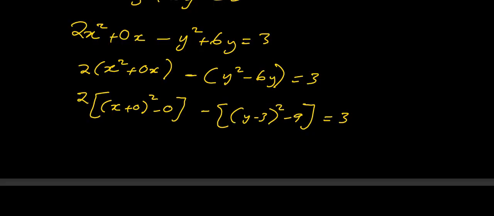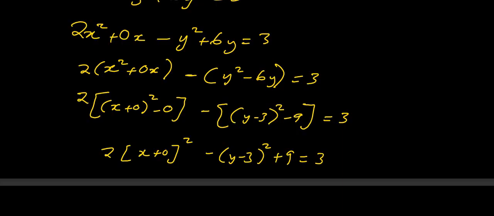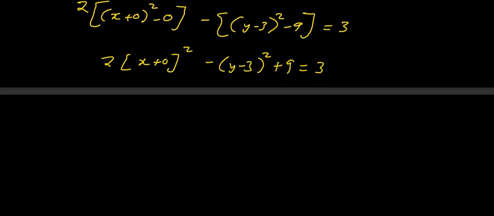You remember completing the square, right? Yes. Yeah, so this is just going to be the same as 2 times x plus 0, minus y minus 3 squared, plus 9 is equal to 3. So according to this, I can take this on the other side.